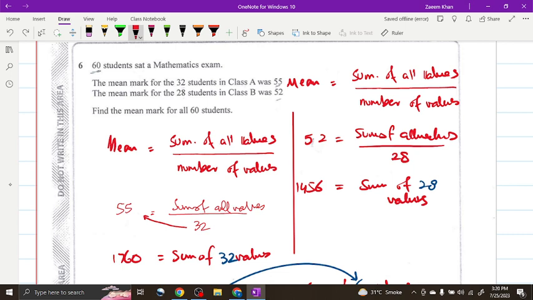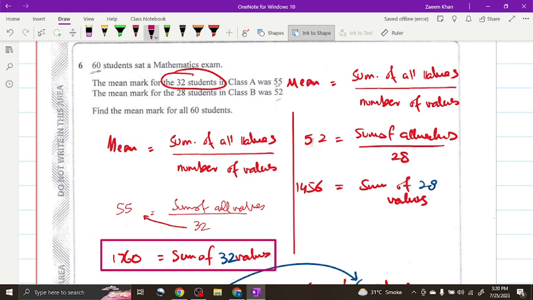Because you need that to be able to find the mean for all the students. Okay, you essentially need the sum of values of the 32 students of what they've scored all together. So that comes out to be 1760. All of those guys combined. Let me put that in a box. 1760 is the sum of all 32 students' individual scores.